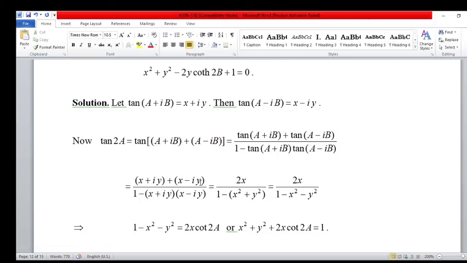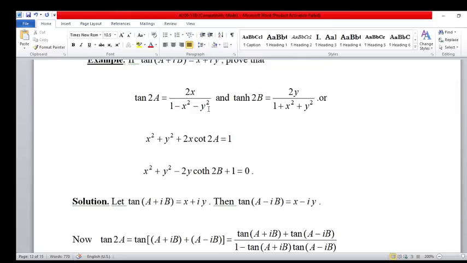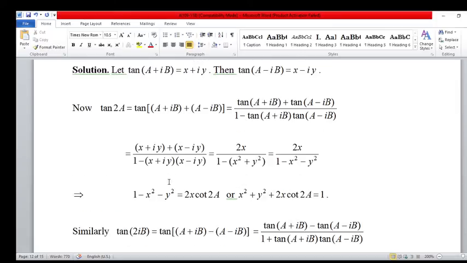So this is the twice x, iy cancel, twice x upon 1 minus, this is the a plus b, a minus b, a square minus b square convert into x square plus y square. So this is the 1 minus x square minus y square. This is the twice x upon 1 minus x square minus y square. So first is complete here.